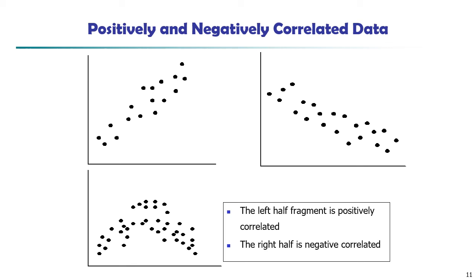So if the value of one affects the value of the other, and they directly affect each other, like one is increasing and the other is increasing, then it is positive correlation. If the value of one is increasing while the value of the other goes down, then it is negatively correlated. And if there is no relation between the values, then it is unrelated.